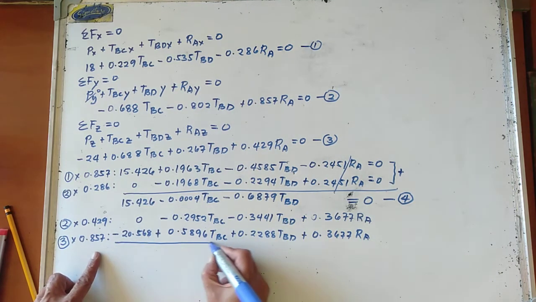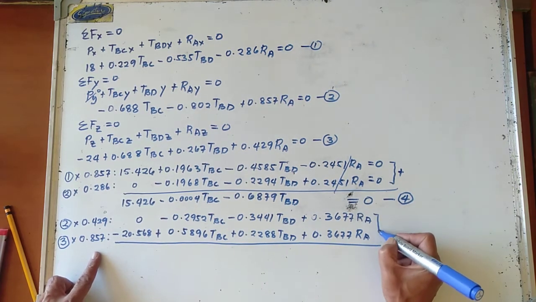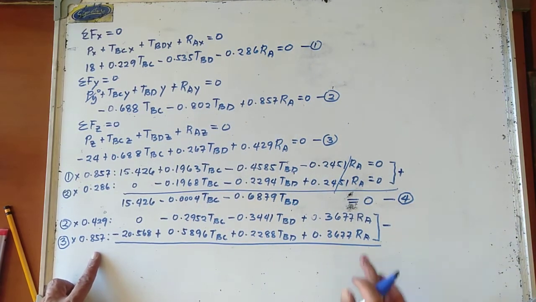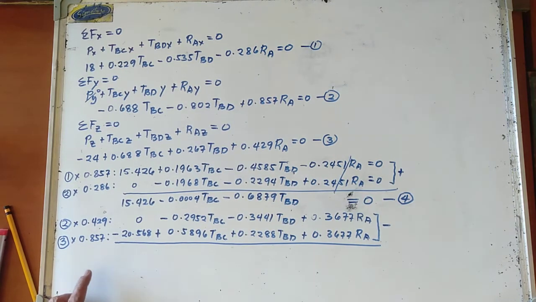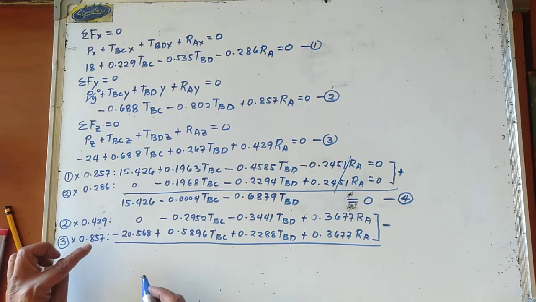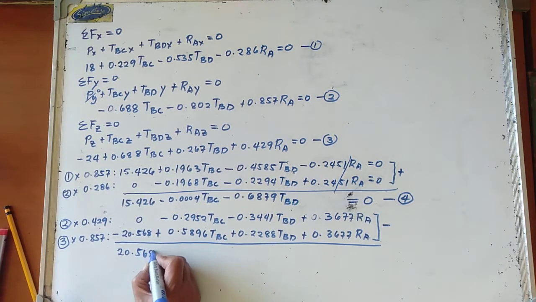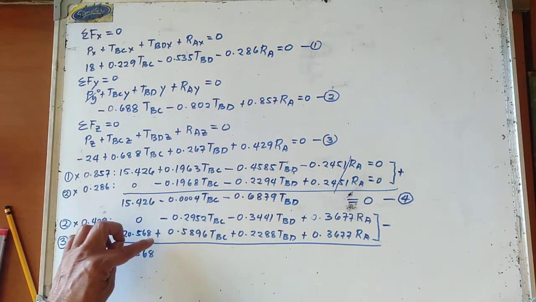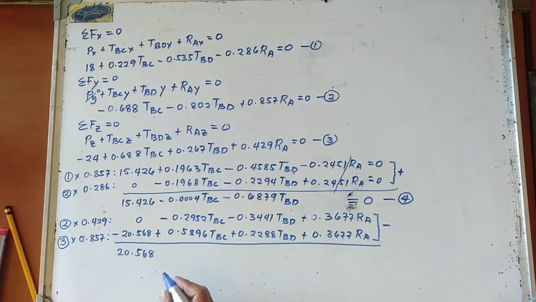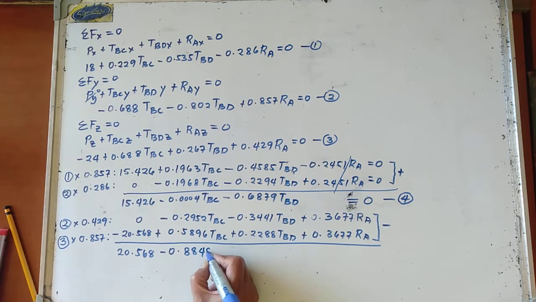So again, for this, let us try to subtract the two equations to eliminate RA. So 0 minus, that is now 20.568. And then minus plus is negative 0.8848 T sub BC.